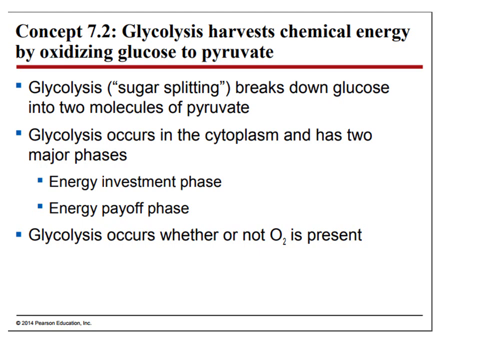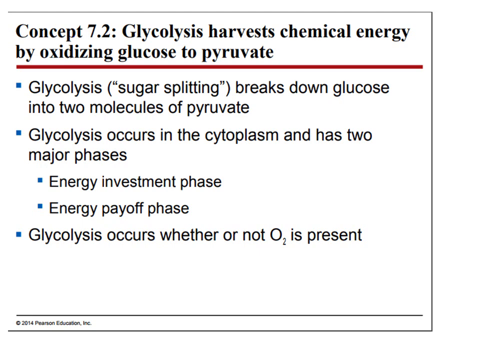Whatever. So, where does glycolysis occur? This breaking down of glucose and other sugars occurs in the cytoplasm, and it occurs in two phases. The first phase is the energy investment phase, which is the time period where the cell spends ATP.